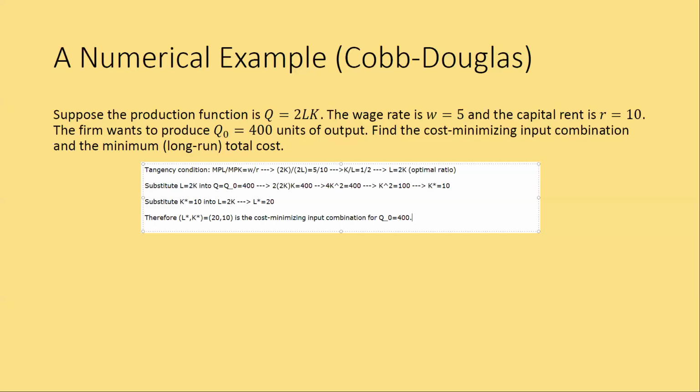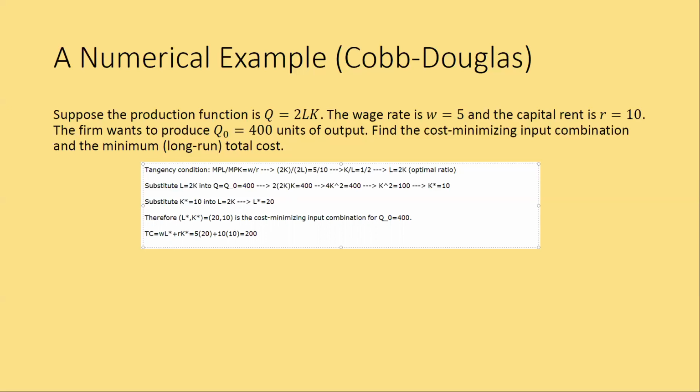We can also calculate the total cost. The total cost is W times L star plus R times K star. In this case, it is 5 times 20 plus 10 times 10, and this is 200.